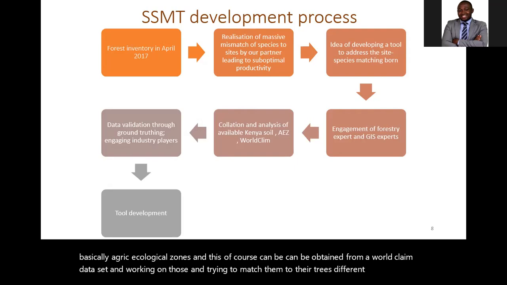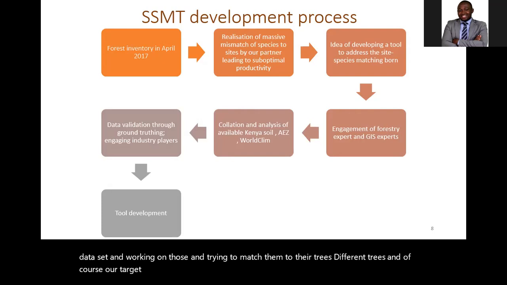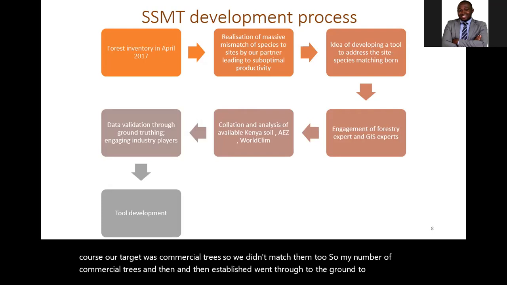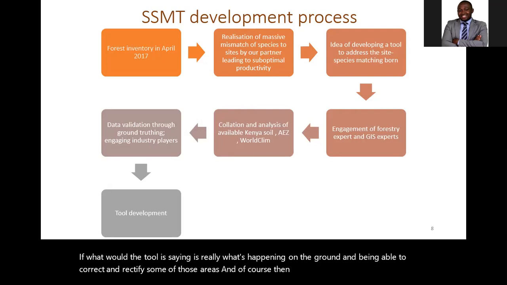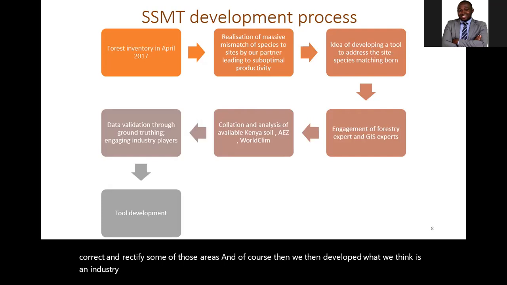And of course, our target here was commercial trees. So we did match them to a number of commercial trees, and then went to the ground to see whether what the tool is saying is really what's happening on the ground, and to correct and rectify some of those areas. And of course, we then developed what we think is an industry tool which can be used by different players in the forestry line.